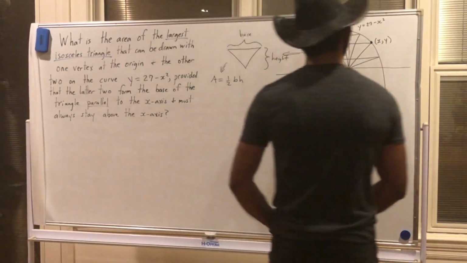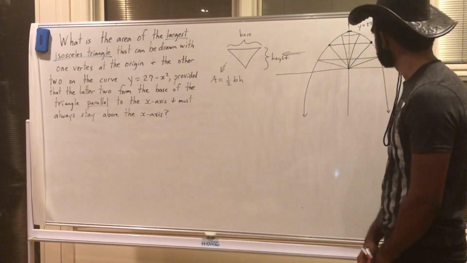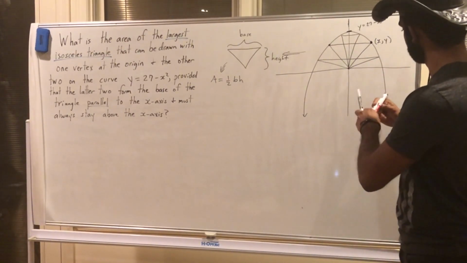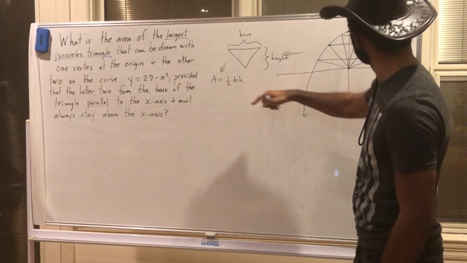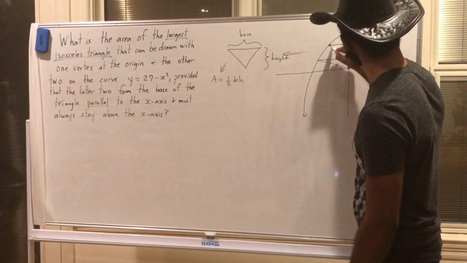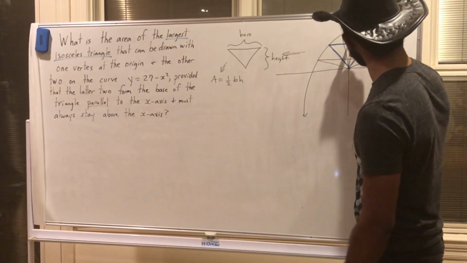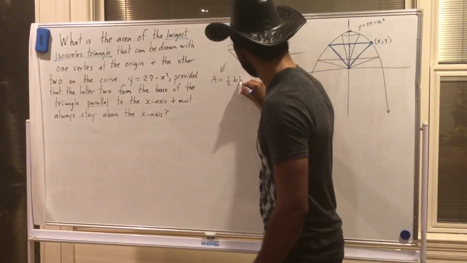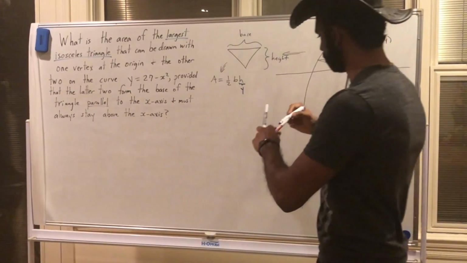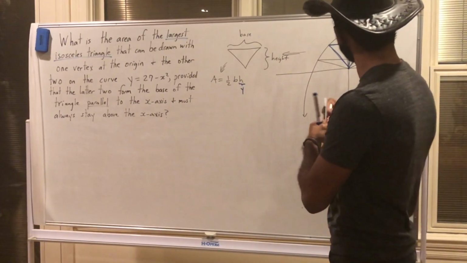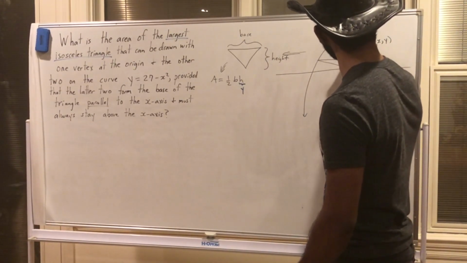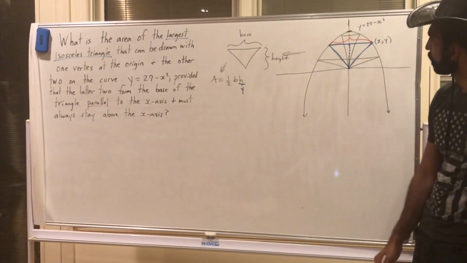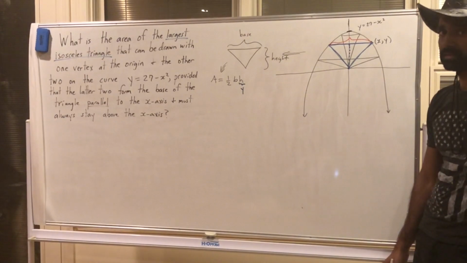Now the question is, what are B and H in terms of x and y? Let's start with the height. The height is just this distance from there to there, so that's just y, the y coordinate. But now the base in the picture is all of that right there. What is that in terms of x?